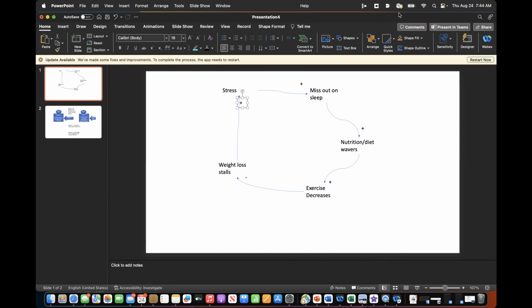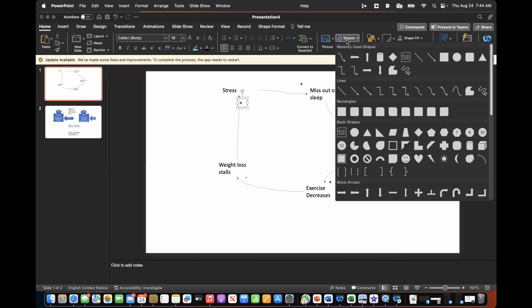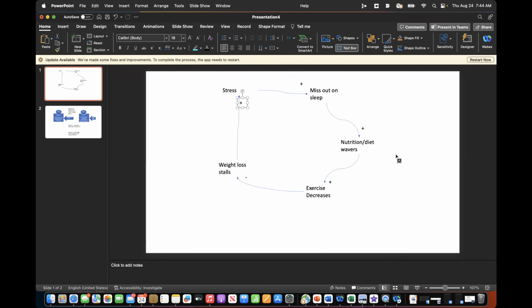And again, this is where we talked about doing the analysis piece, doing a diagram like this, a causal loop diagram. It helps you have a discussion about your assumptions. When you suggest a solution of, hey, just get more sleep, the underlying assumption is that you can just get more sleep easily.